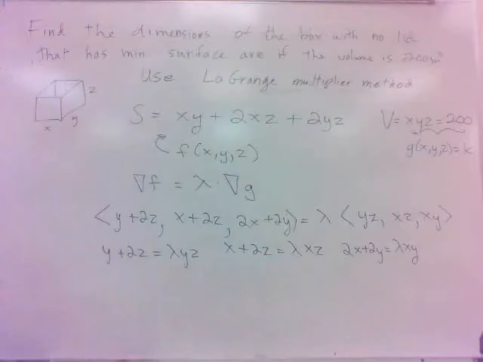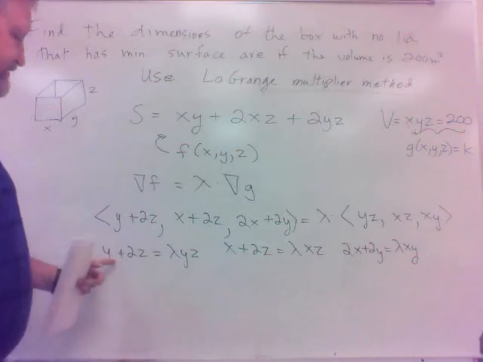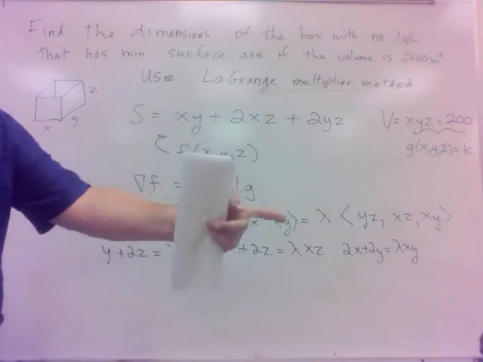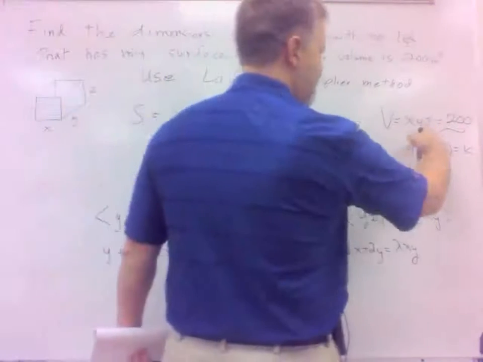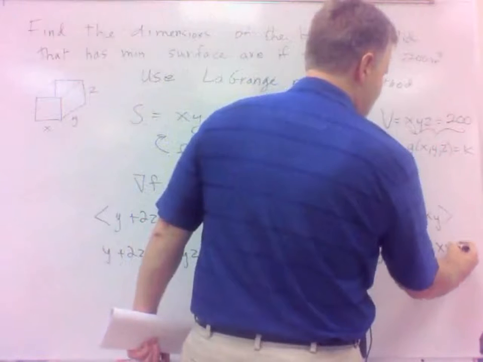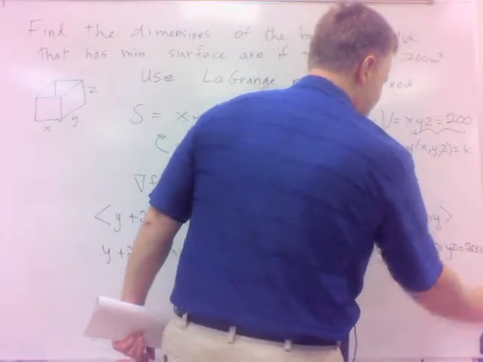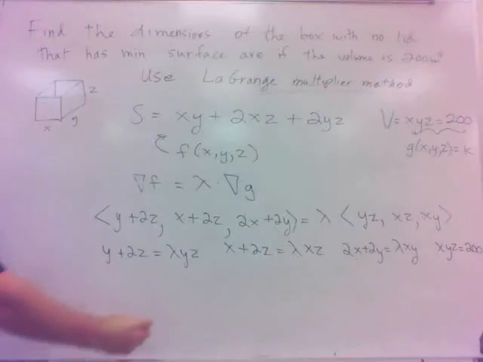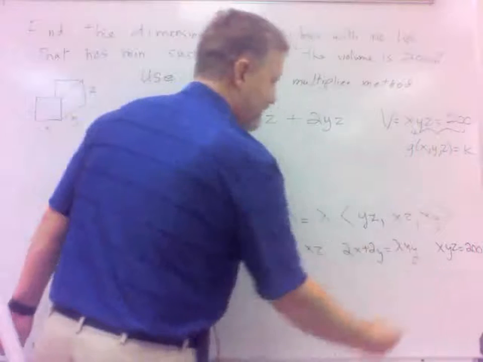That's how parallel vectors work. All right, but that's 4 variables, 3 equations. What's our fourth equation? This one right here, right? xyz equals 200. Okay, so that's 4 different equations.